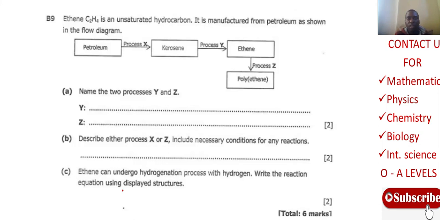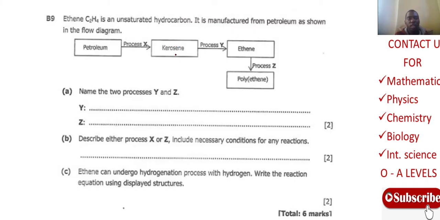It is manufactured from petroleum as shown in the flow chart. So we have petroleum going to kerosene, kerosene going to ethene, ethene going to polyethylene. So we can simply identify these processes. Petroleum is crude oil, and it undergoes fractional distillation, which separates it into various components. One of them is kerosene.